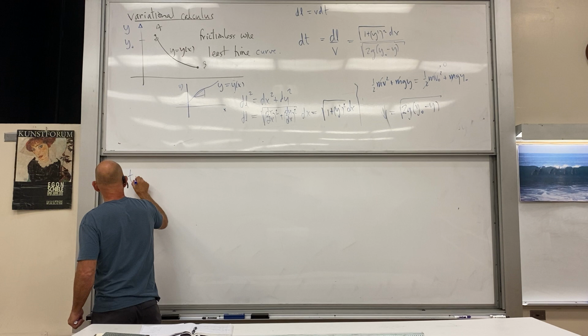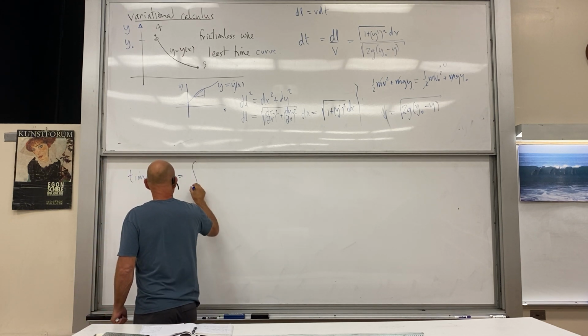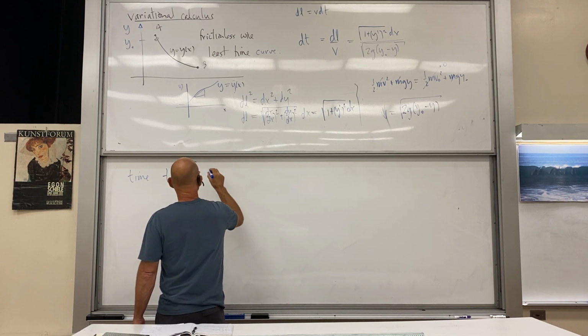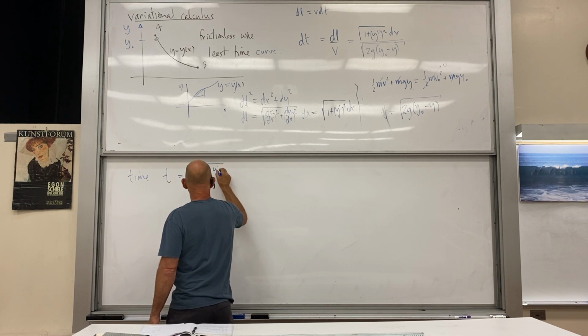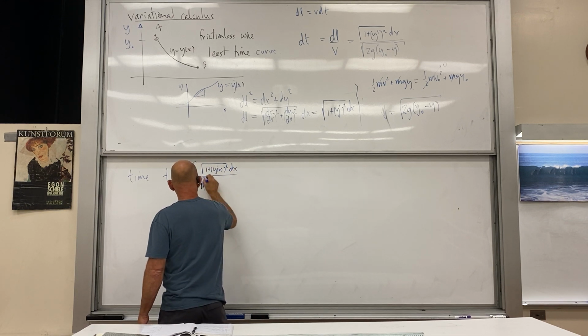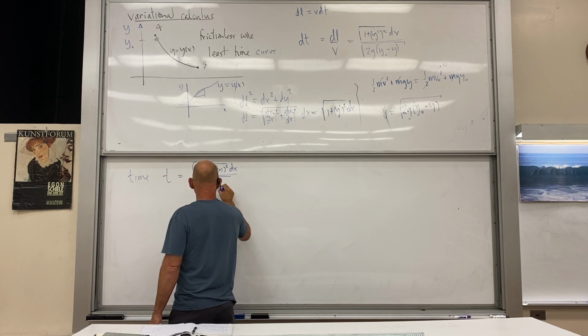So time t will therefore be this integral, root 1 plus y prime of x squared dx, over root 2g times y0 minus y.